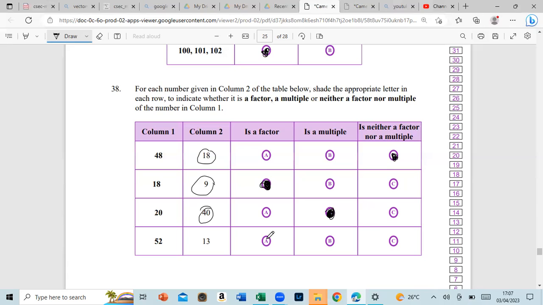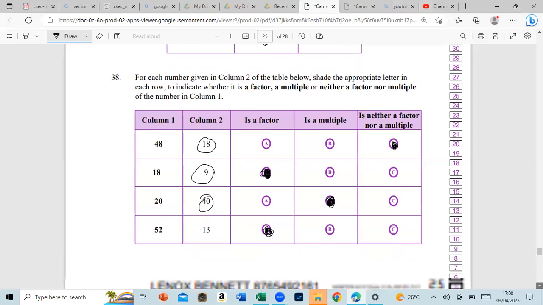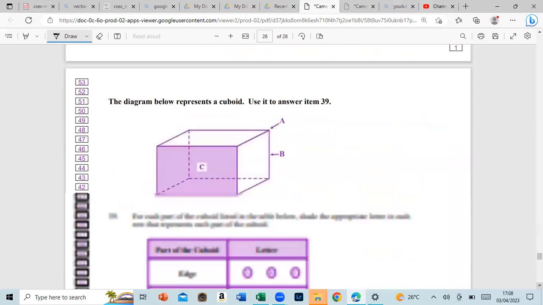All right. Yes, indeed. It can go into it 4 times. That means 13 is a factor. All right. 13 is not a multiple of 52. Well, as I say, it's only 1 per row. So that's that.